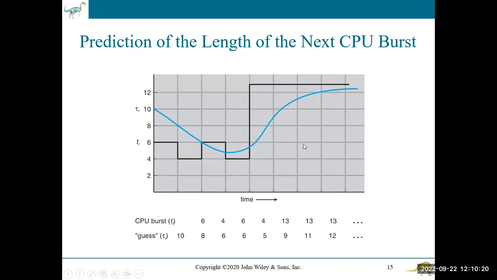Now, why would you care about CPU bursts and prediction? Does everybody remember the 80-20 rule? Yeah. So I just wanted to provide some relevance here. Why should you care about the ability to predict the length of the next CPU burst?